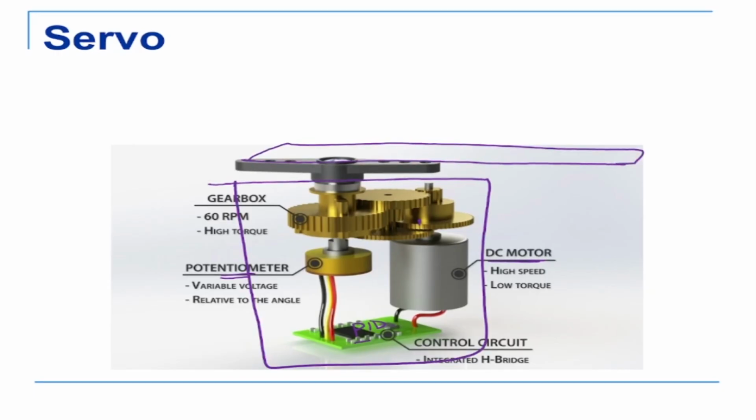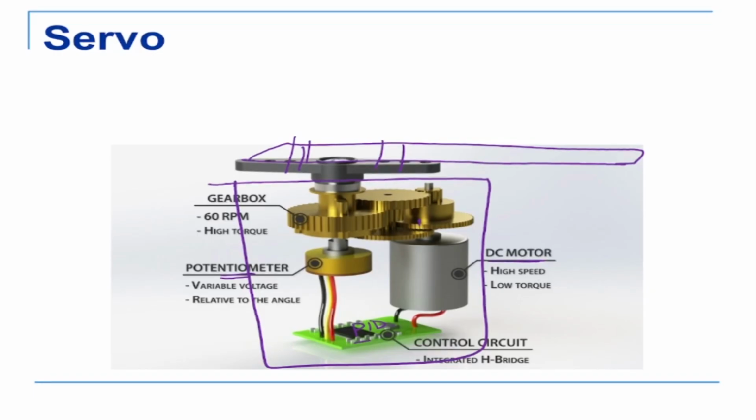The robot link will just be screwed on here, and it can rotate. So this is a DC motor in a closed loop control system, and you can control this using a microcontroller, using PWM. When we talk of microcontrollers, we will be studying how to control these DC servos using microcontrollers and PWM.